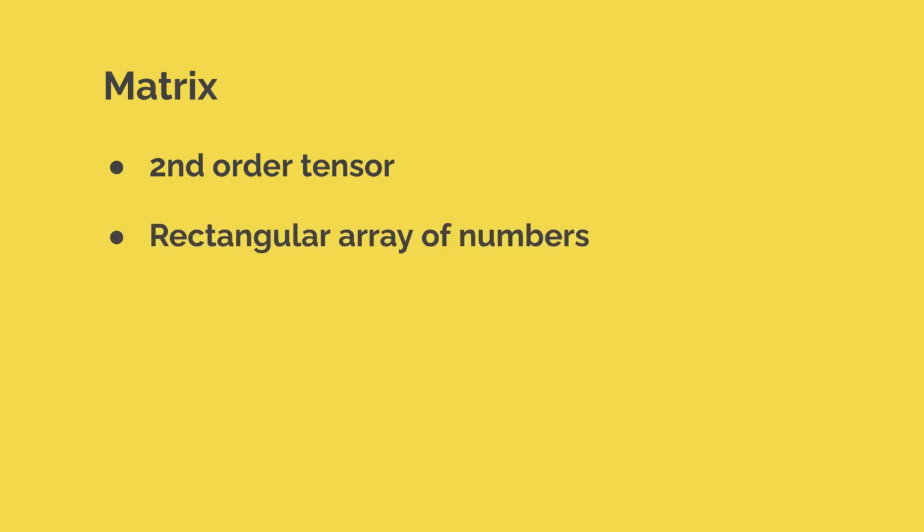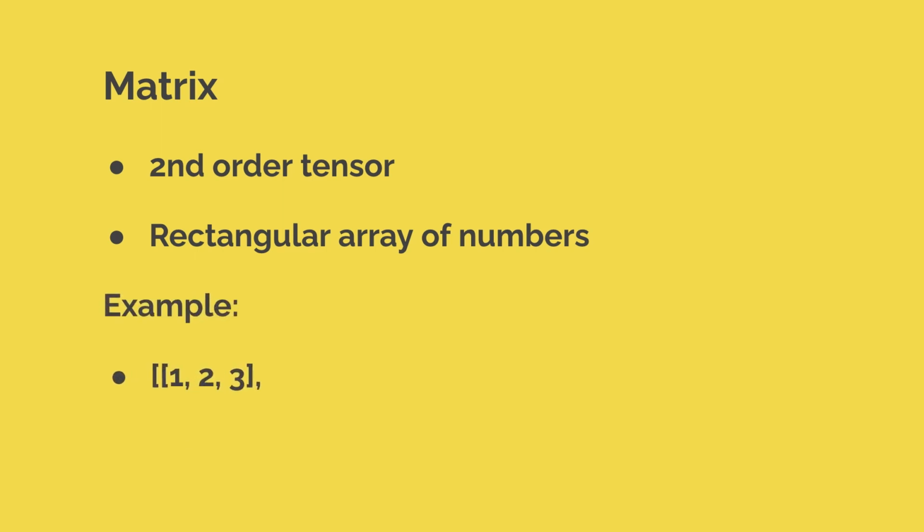Next up, let's talk about a matrix. When we refer to a matrix, we're talking about a second order tensor, so one step up from a vector. A matrix is a rectangular array of numbers, kind of like a table of data.